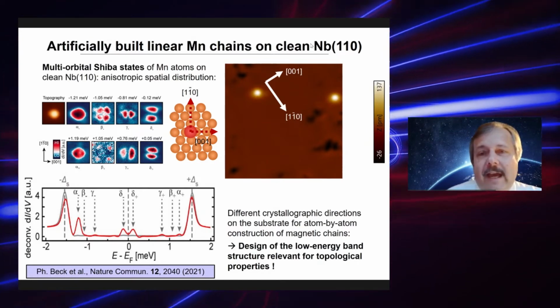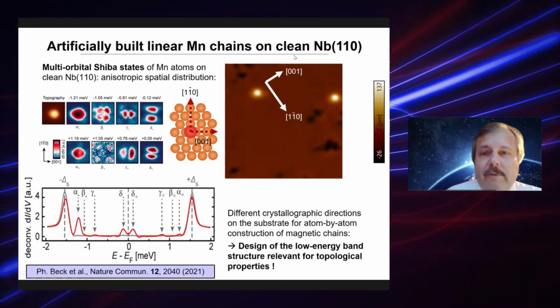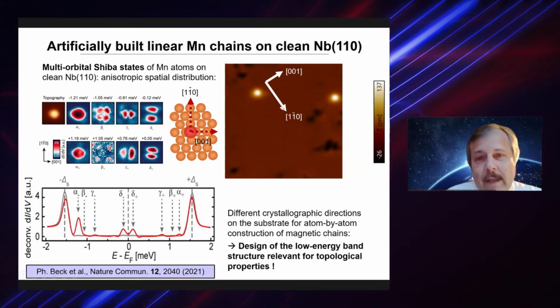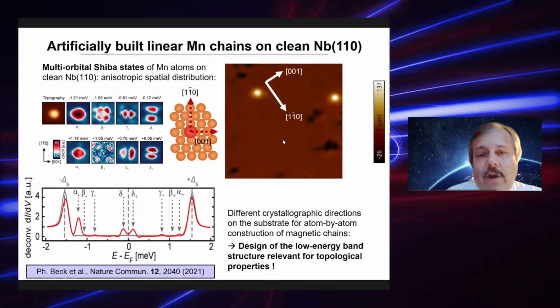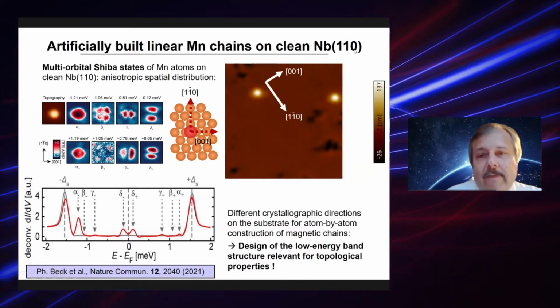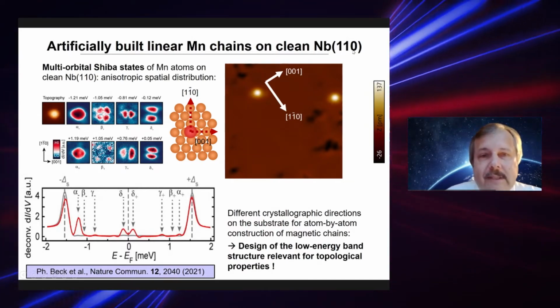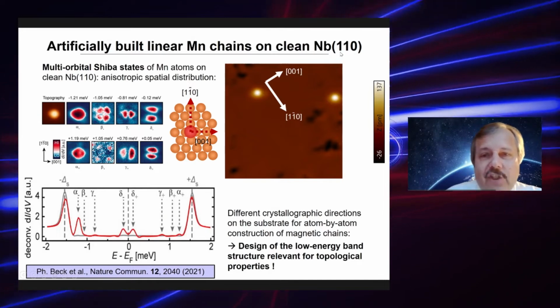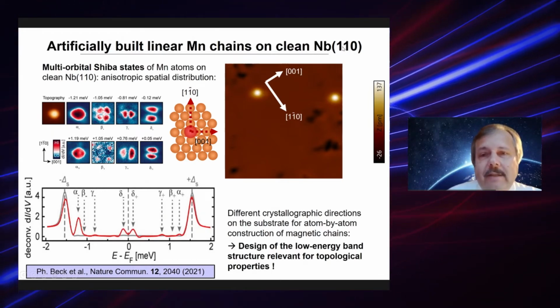So in surface science, nobody did studies on clean niobium surfaces for decades. But actually in our group, Philip Beck achieved this. He could prepare atomically clean niobium 110 surfaces, giving us a beautiful possibility to study Majorana physics for magnetic chains built atom by atom on a niobium 110 substrate.